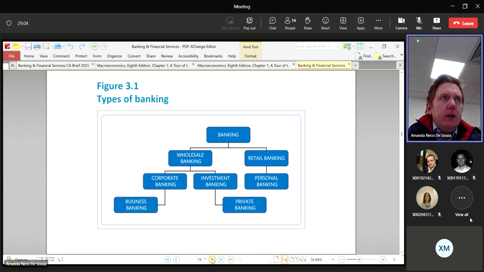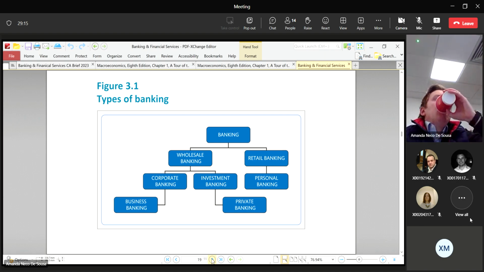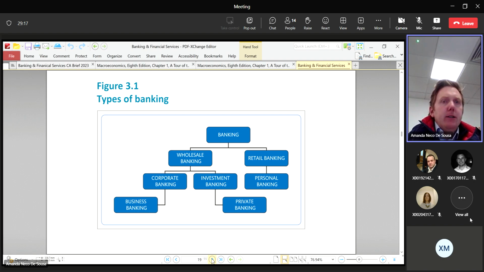So then, just looking at the types of banks, this is a good illustration of the different divisions within a bank. We might kick off on the right hand side, and this is the one that may be most familiar to you guys: retail and personal banking. These are essentially financial services provided to customers like me and you, and it's quite small scale in nature.